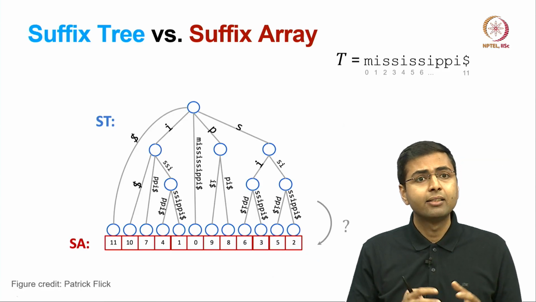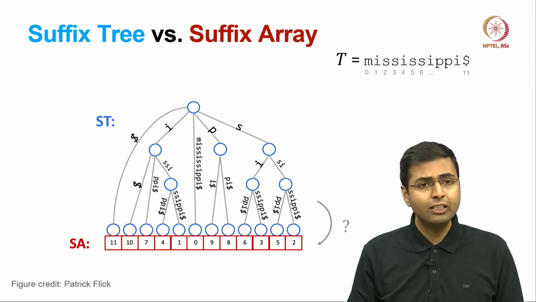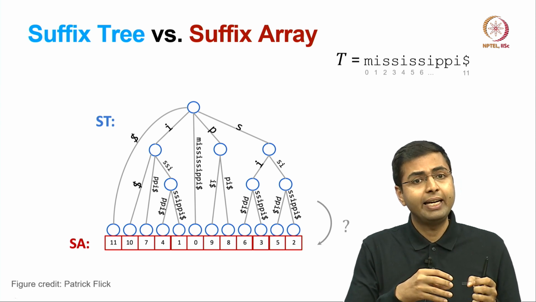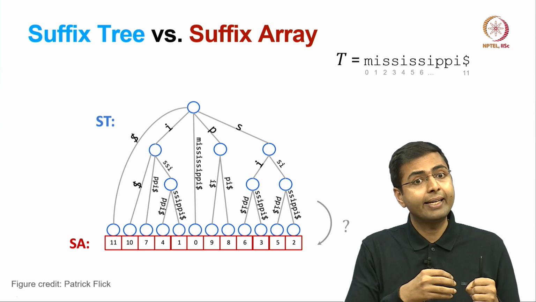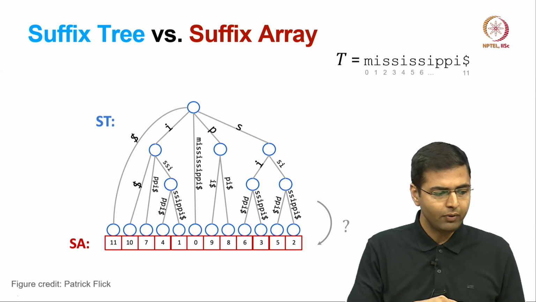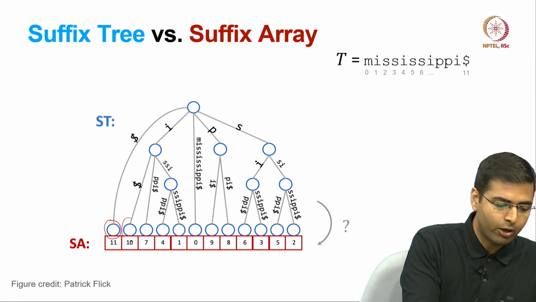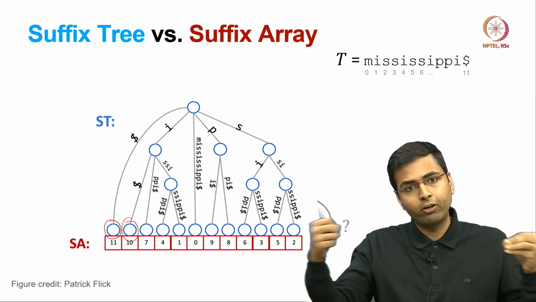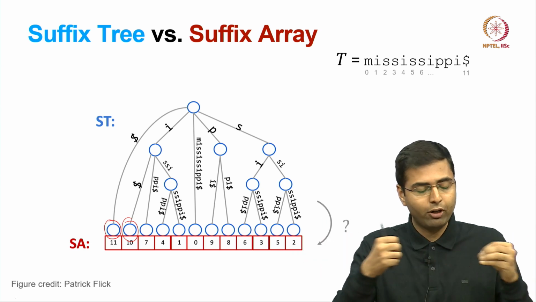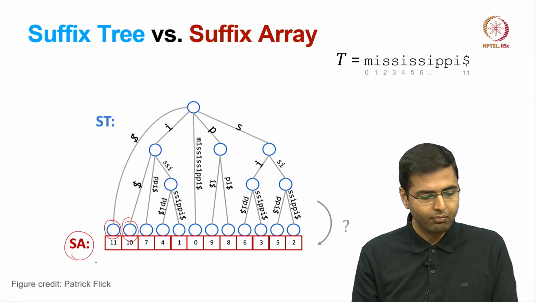Let us also look at the relationship between suffix trees and suffix arrays. If I sort all the leaves of the suffix tree in lexicographical order, then you can easily see that I get the suffix array back. For example, if I order the leaf nodes $ followed by I$ and so on, that means I am sorting all the suffixes in lexicographical order, and then I get back my suffix array.